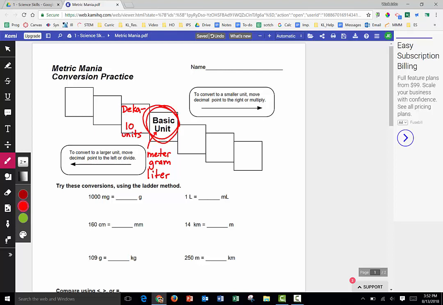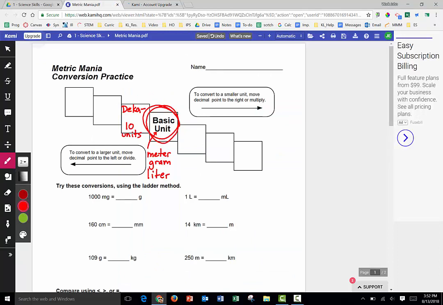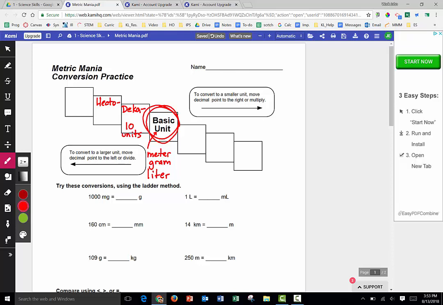If there were even more meters and we wanted to express that in a different unit, we could express it as a hectometer. So the prefix there again is hecto, H-E-C-T-O. That can go again with any of our units, hectometer, hectogram, hectoliter, and that's what you use to represent 100 units.